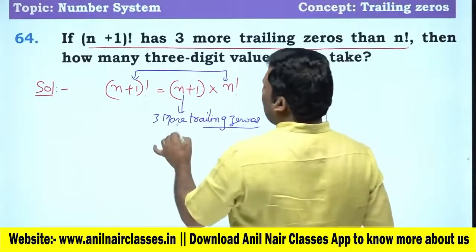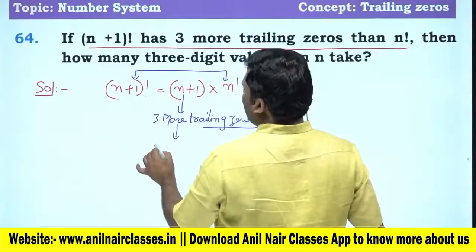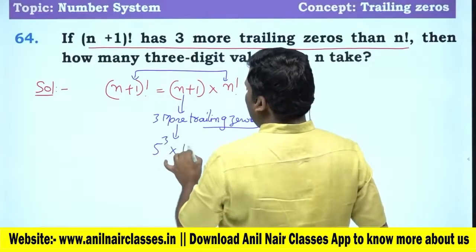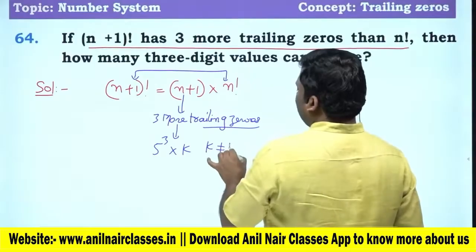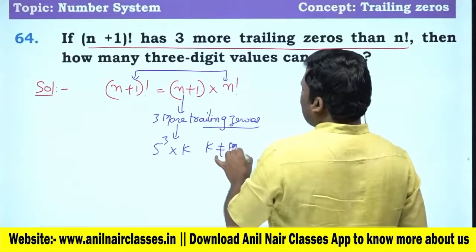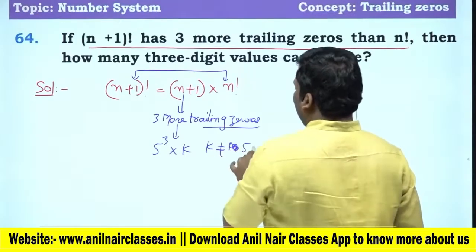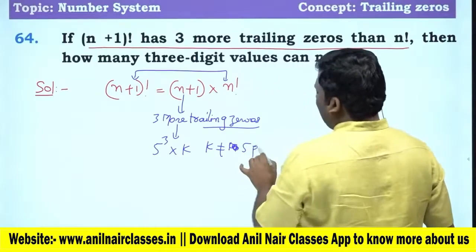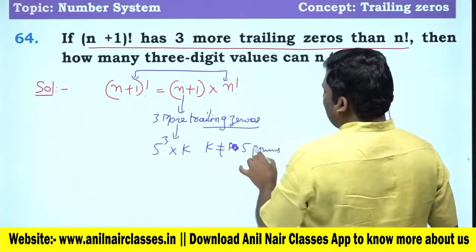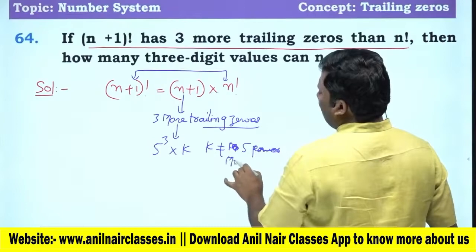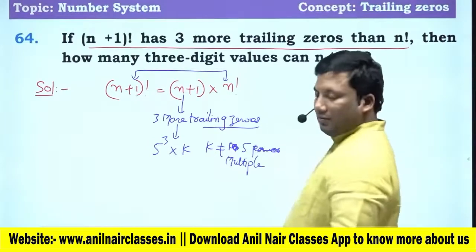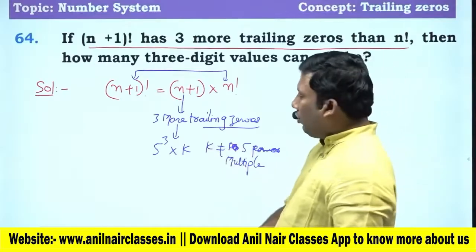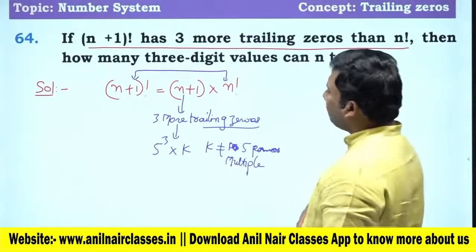3 more trailing zeros means I should have 5 power 3 into k, where k is not a multiple of 5, because if k is a multiple of 5, I will get 4 more trailing zeros.